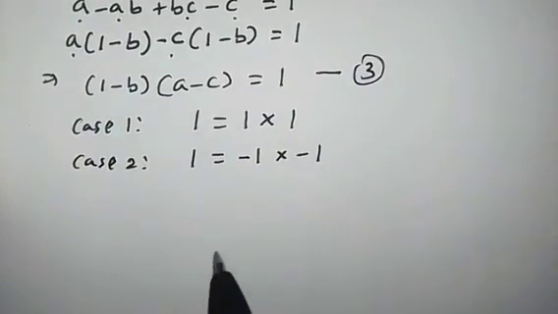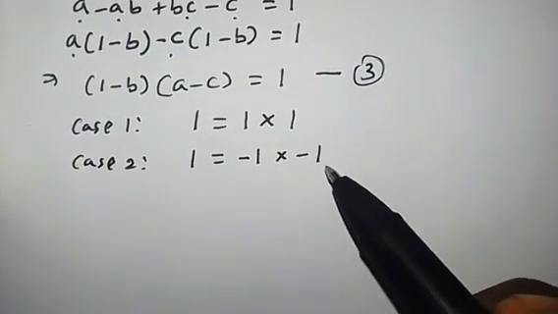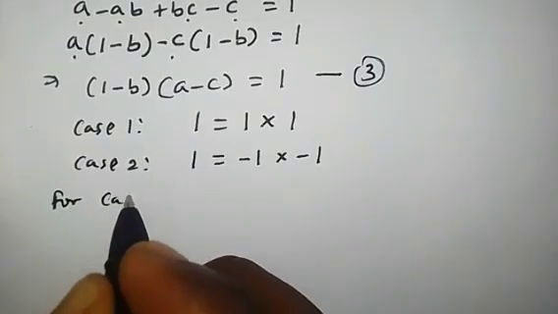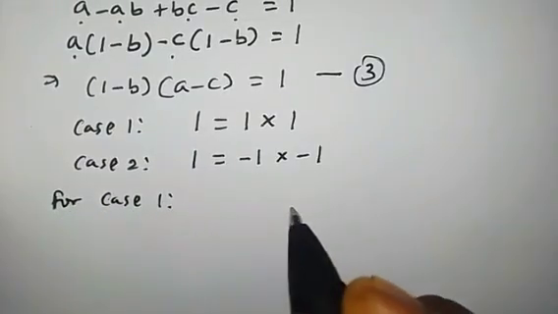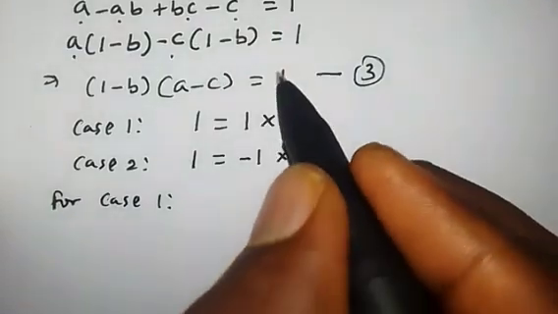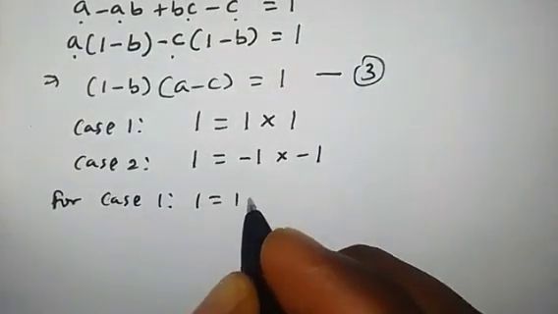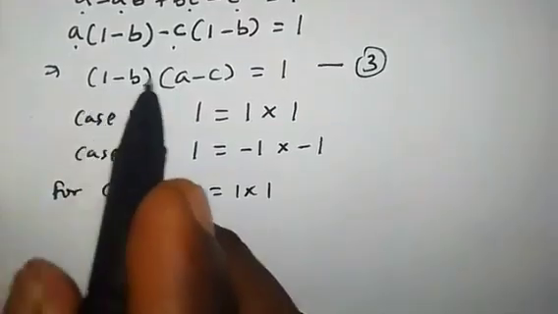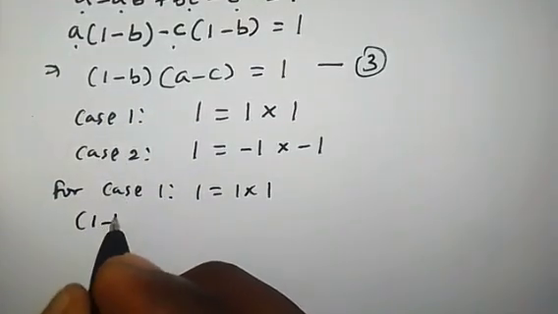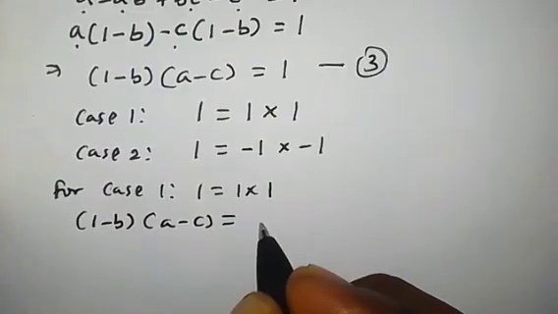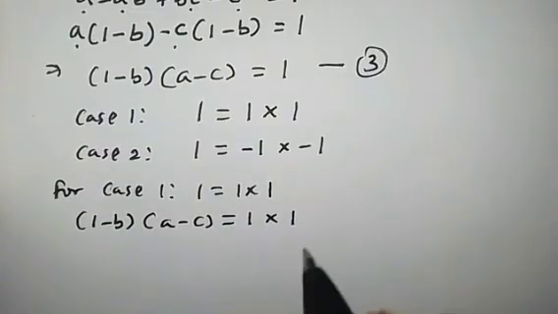What we have to do now is to consider each of these cases. So for case 1, we are going to replace this particular 1 with 1 times 1. From here we have (1 - B)(A - C) = 1 times 1.